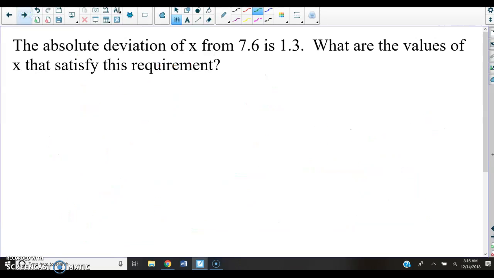A lot of times we throw absolute deviation problems into word problems. They might be talking about the circumference of a volleyball, or the Tom Brady problem with the pressure of footballs. So the absolute deviation of x from 7.6 is 1.3.